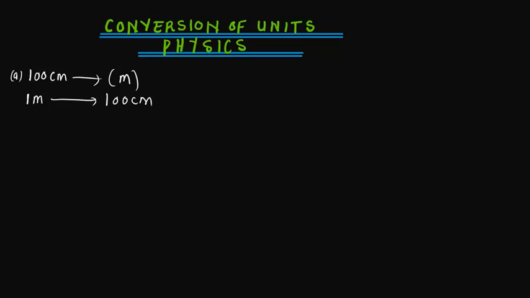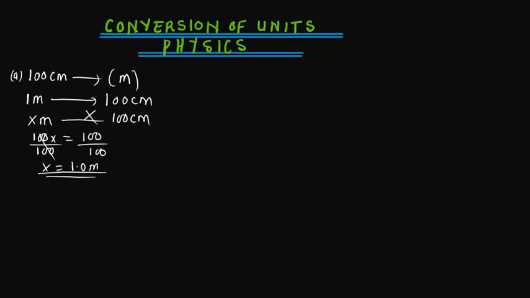Therefore, x meters is going to equal 100 centimeters. Cross multiply, we're going to have 100x equal to 100, divide by 100 both sides. Our x is equal to 1.0 meters.